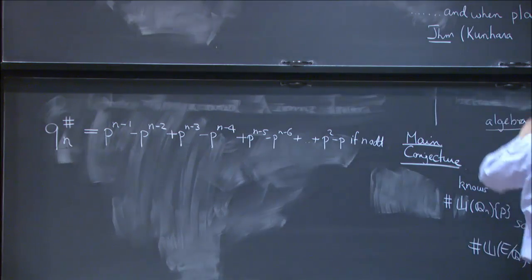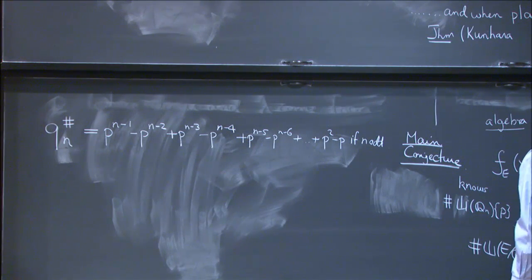So Kurihara, under some assumptions, proved that, again, for sufficiently large n, e_n minus 1 is this term, q_n sharp. Let's say for odd n, there's a corresponding formula for even n.